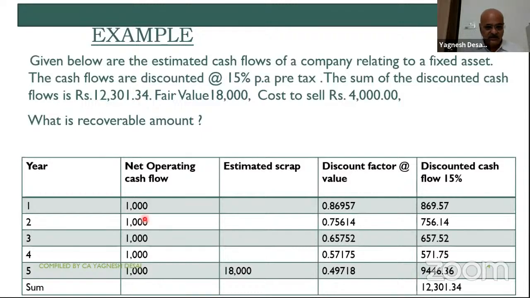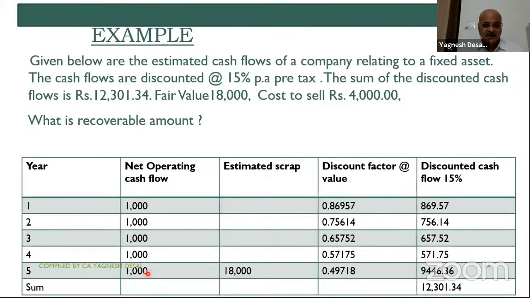Now what we have done, sir, is 1, 2, 3, 4, 5 years. They've plotted the discounting factor at the rate of 15%, which is the WACC. So this is your figure here. The discounted cash flow is working out. This they've written down as scrap value, but from the perspective of the valuer, I will call this the terminal value.